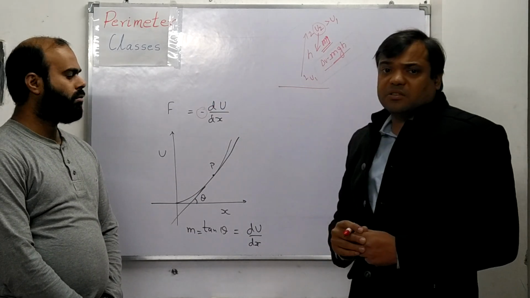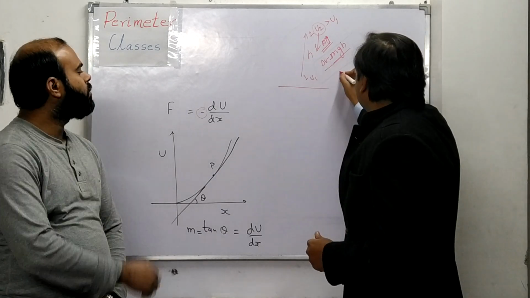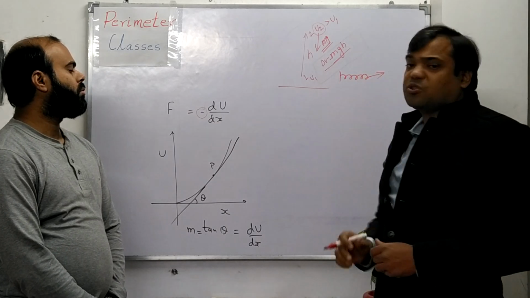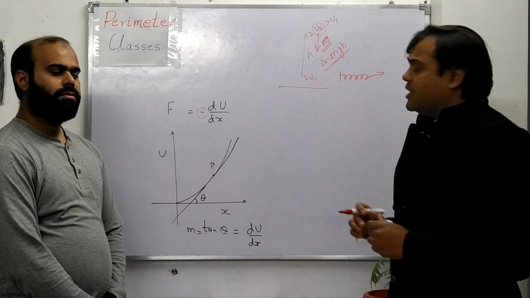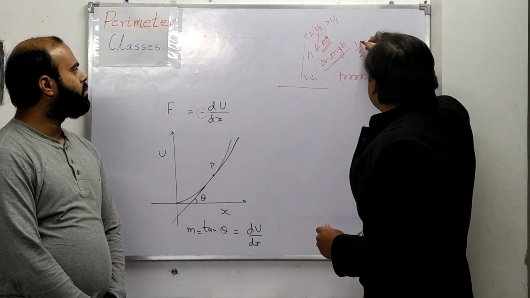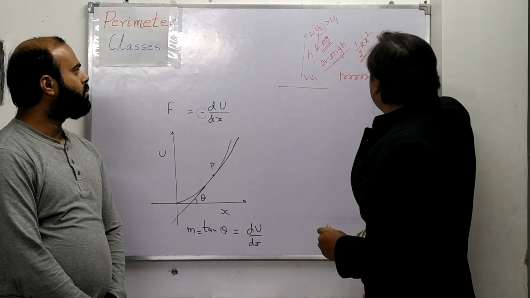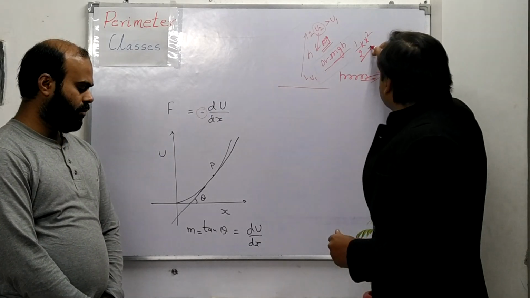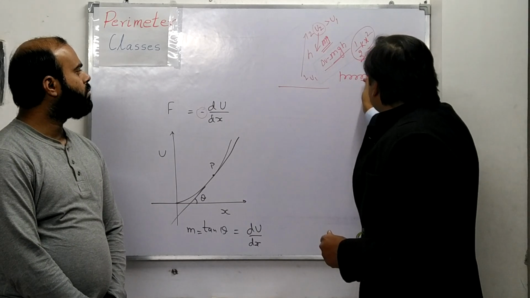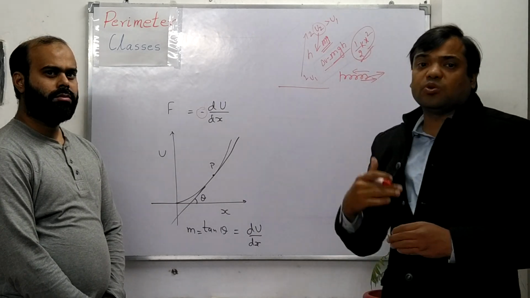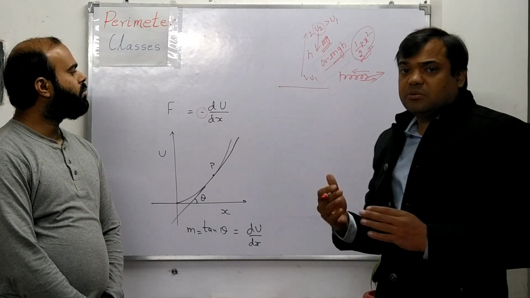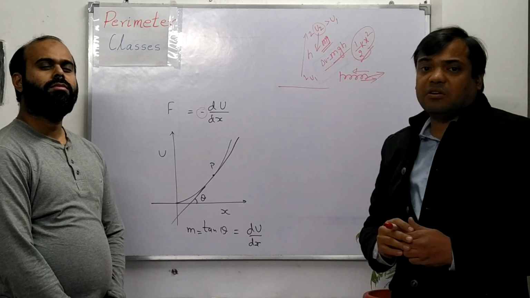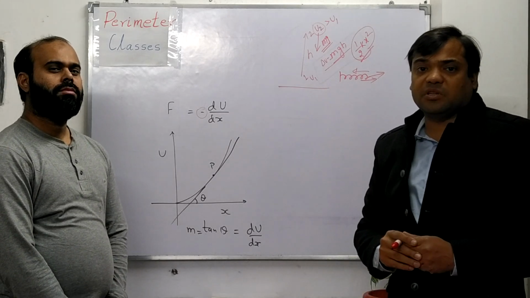We can see another case also. As you know, when we stretch or compress a spring, then this spring stores some amount of potential energy, and the value of potential energy is given as half k into x square. So if we increase the elongation in the spring, then the potential energy will increase, but the spring has a tendency to restore its normal position, and to do that, the spring will apply a force in the direction opposite to the direction in which potential energy was increasing.